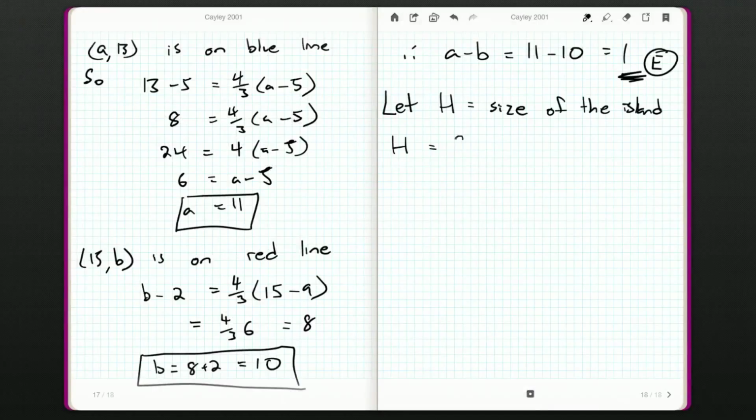So we know that h is the area of the forest plus the area of the dunes plus the area of the farms, or the farmland. Now the forest, we're told, is 2/5 of the total land area. So 2/5 of h, and then plus the dunes and the farms.